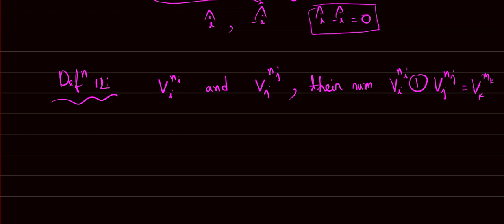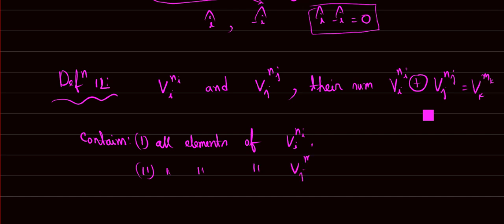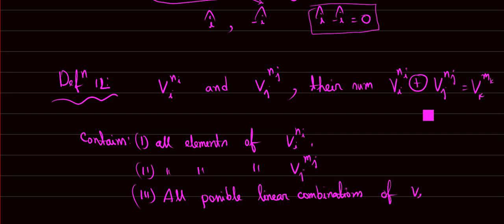This sum contains: one, all elements of Vi subspace; two, all elements of Vj subspace; and three, all possible linear combinations of Vi, Ni and Vj, Nj.